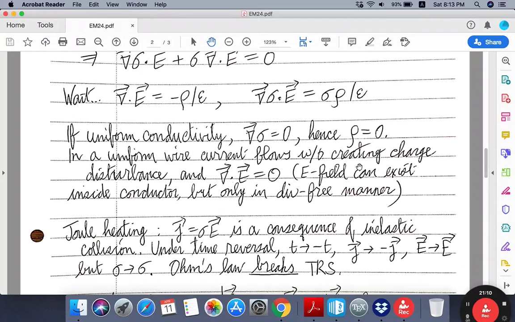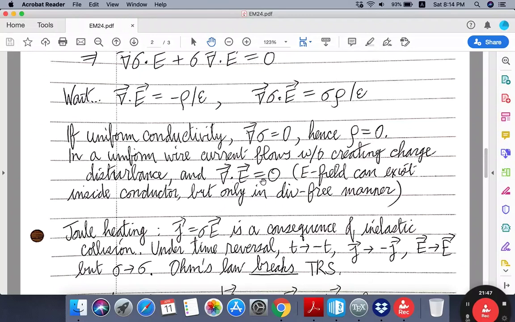And as another consequence of that, if the net charge density remains zero, then according to Maxwell's equation, that means that the divergence of the electric field also has to remain zero. So what that implies is if there is a current flow inside a conductor, that would inevitably imply that some electric field has to exist.